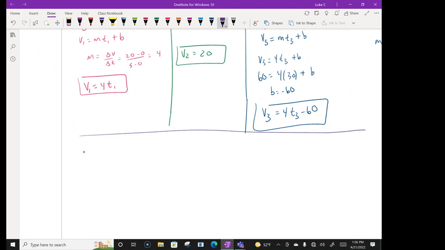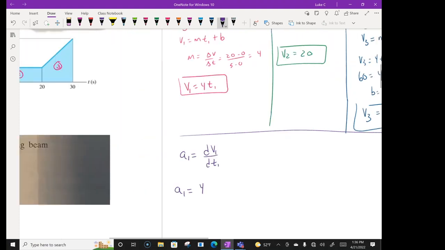Right. So we now have the velocities for each section. Now we want to find the accelerations. So what's A1 equal? What's the fundamental equation for dynamics? dv1 dt? So acceleration in section 1? It's the 4, yep.